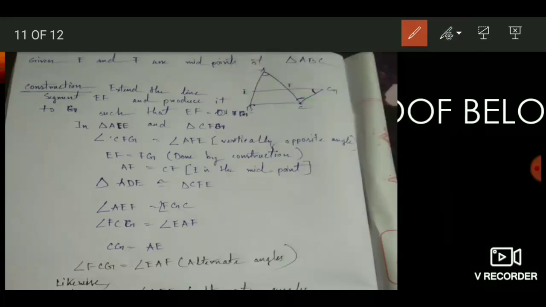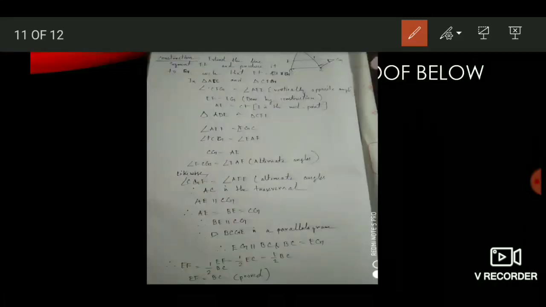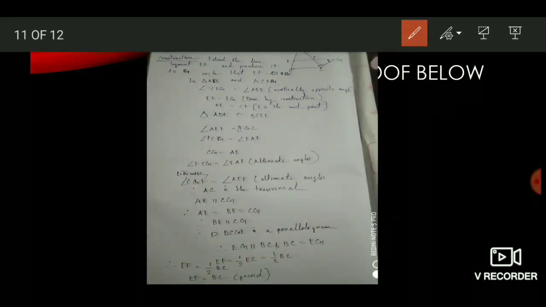So hence we have proved that we are getting a parallelogram.